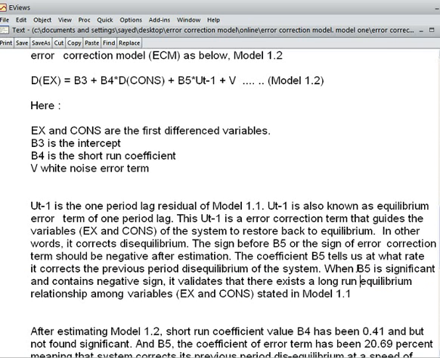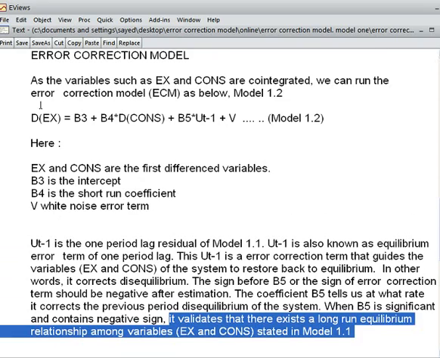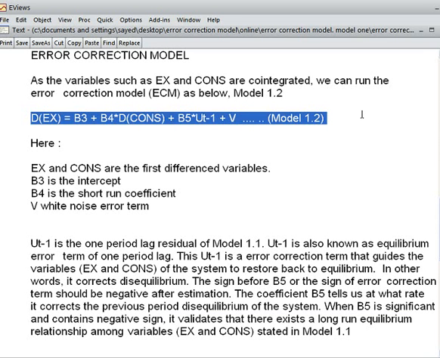That means when B5 is significant and has a negative sign, it validates that there exists a long-run equilibrium relationship between ex and cons, which are two variables. And we have estimated this model 1.2, which is the error correction model.